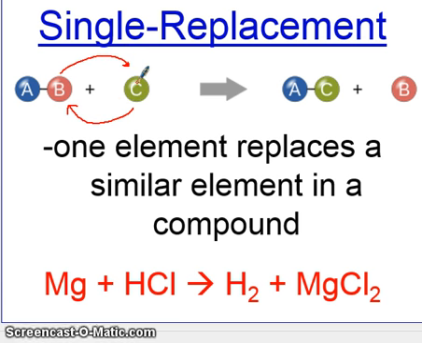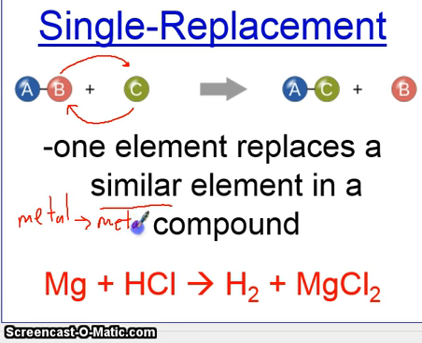That's the idea. Now, what will happen, as you'll see, is that the element will always replace a similar element. By that we mean a metal will replace a metal, and a non-metal will replace a non-metal. In this case, if you take a look, do you think C is a metal or a non-metal?